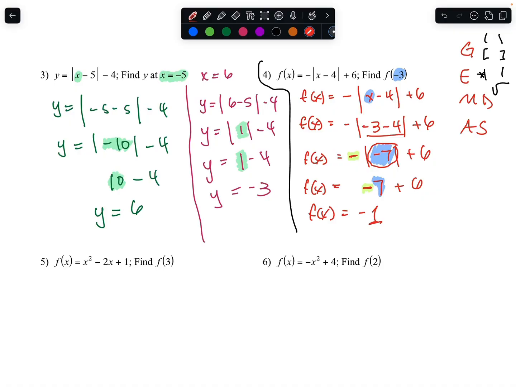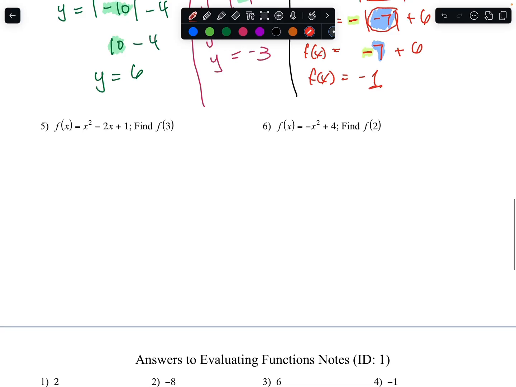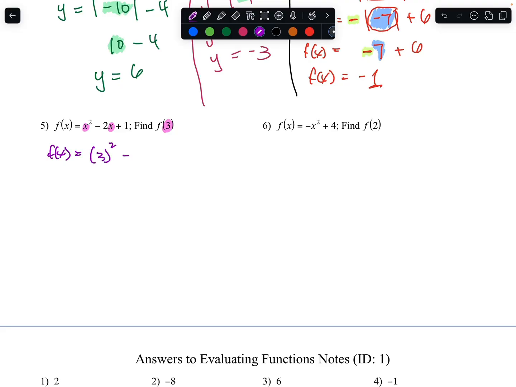Okay? Now we've got 2 more questions to do, and then we're done. All right. So number 5. f of x. So we're going to plug in a positive 3 where the x is. Oh, there's 2 of them, right? So let's see what that looks like. f of x equals 3 squared minus 2 times 3, plus 1. 3 squared is just a number that multiplies by itself.